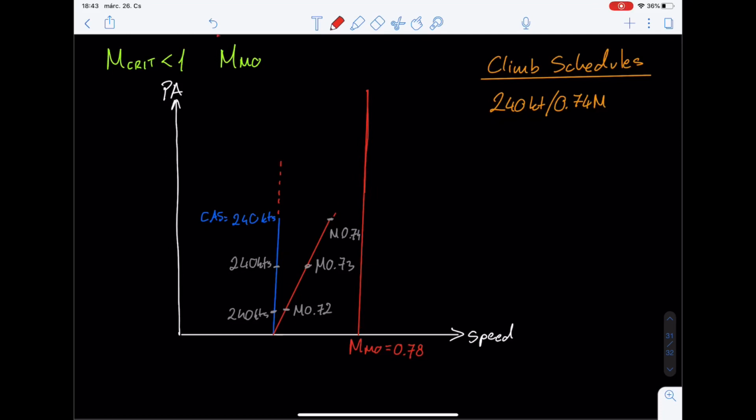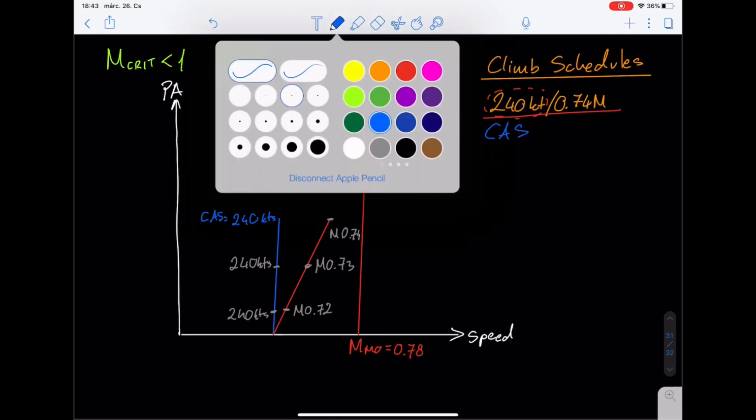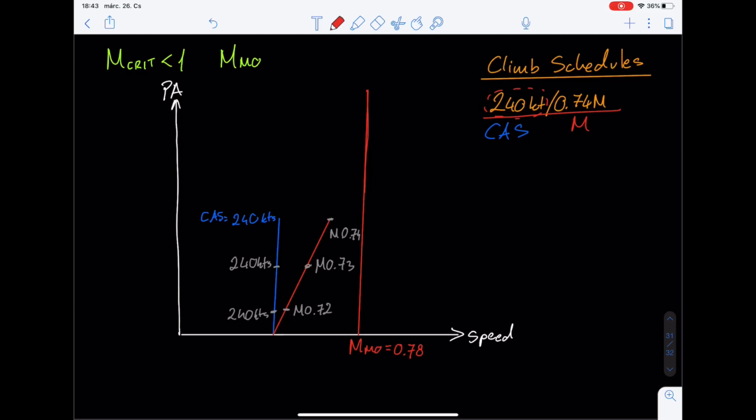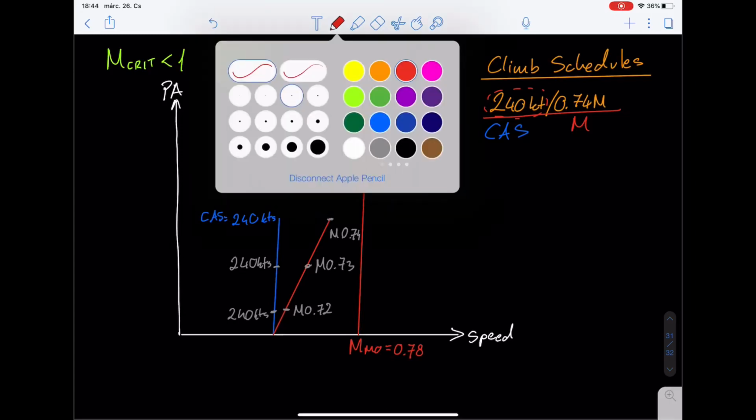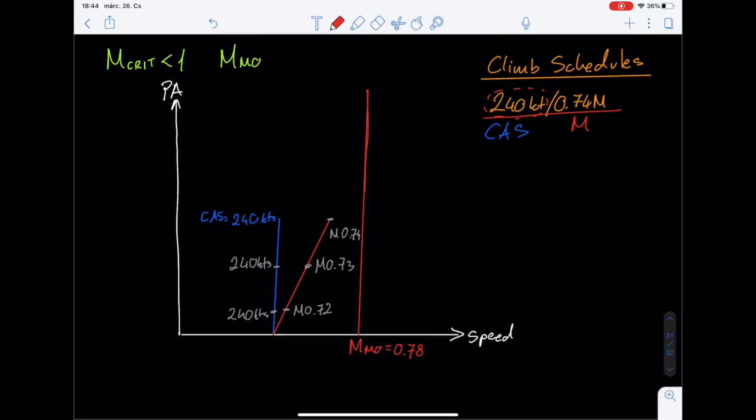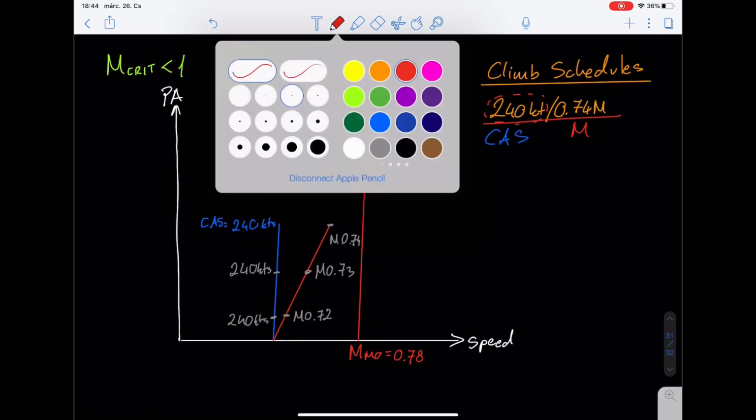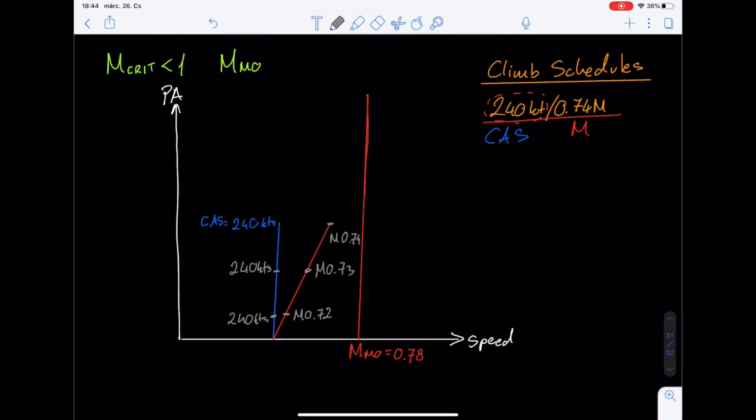So instead, they give me this climb schedule and tell me that at the time when I reach, with a calibrated airspeed of 240 knots, Mach 0.74, I should change over to maintaining a constant Mach number instead of the constant calibrated speed, and this is called a changeover altitude.